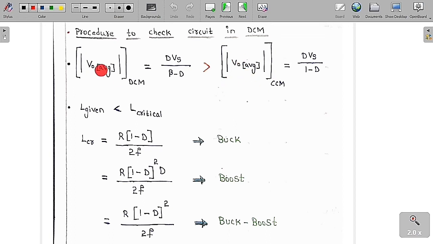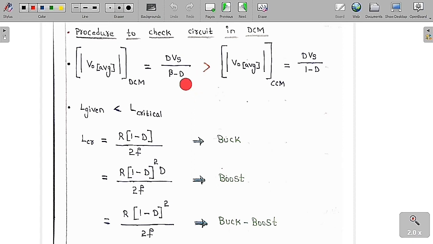So the V naught average in the continuous conduction mode is minus D Vs by (1 minus D), whereas in the discontinuous conduction mode it is minus D Vs by (β minus D). And whenever the given inductance is lesser than the critical inductance, then also we can confirm that the given circuit is operating in the discontinuous conduction mode.